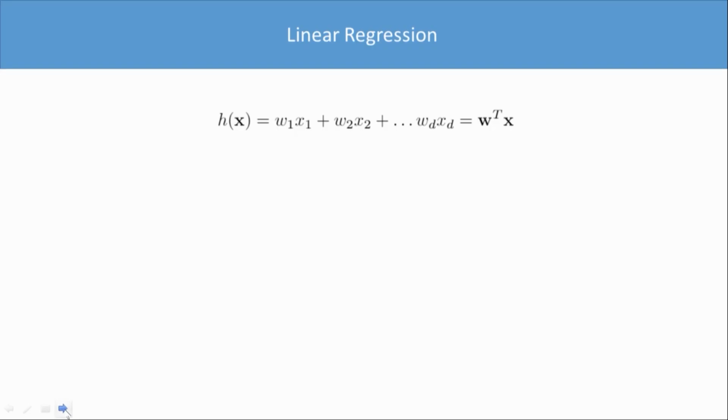But right now, what I want to essentially say is, we are going to look at models of this form, which are called linear models, where your prediction function h, the one that you're trying to learn, is just a linear function of your input variables.